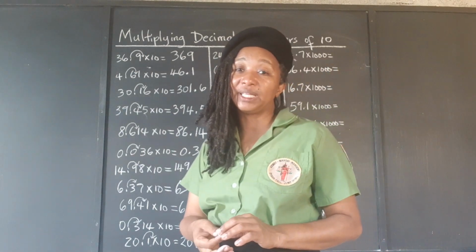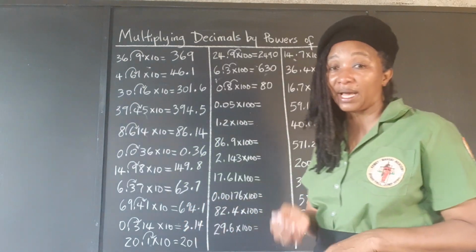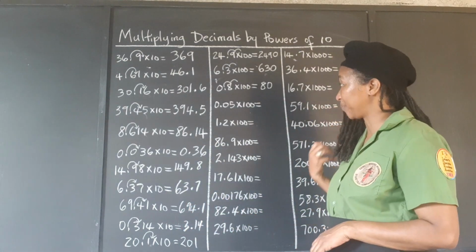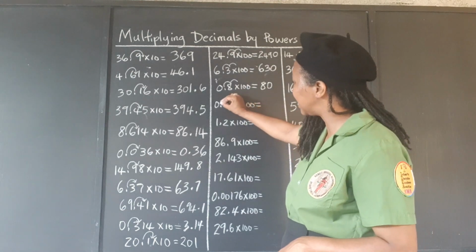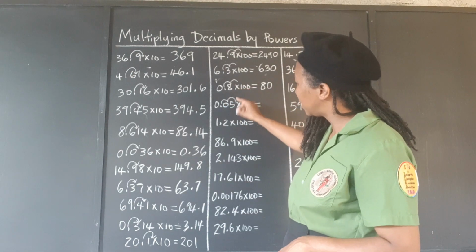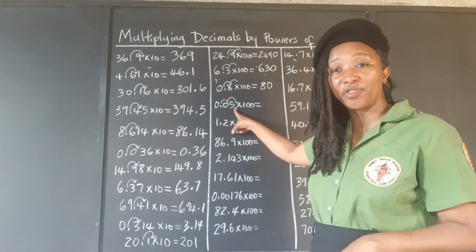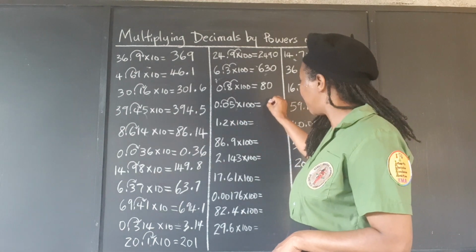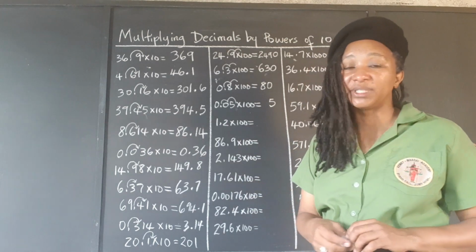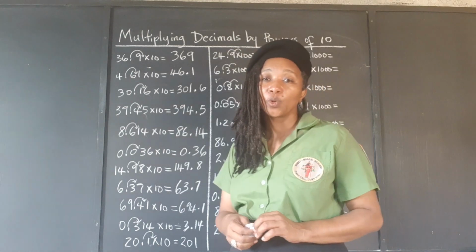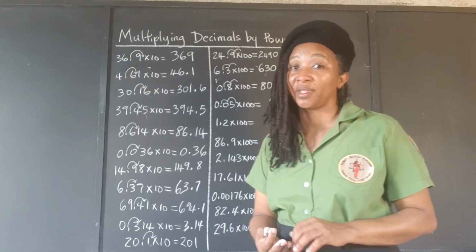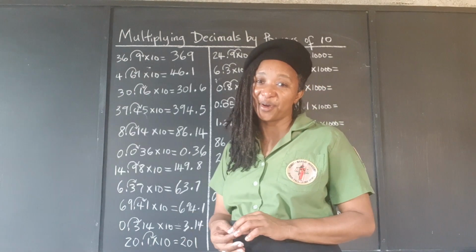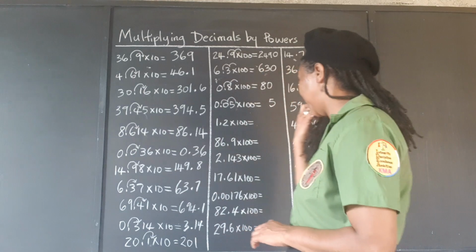That's how powerful it is when you're multiplying by powers of 10. So here, we're multiplying by 100, we're going to move 2 places, 1, 2, is going to be now at the end of the number, which will just give us 5. So from 0.05, we get 5, which is a much, much bigger number than 0.05.